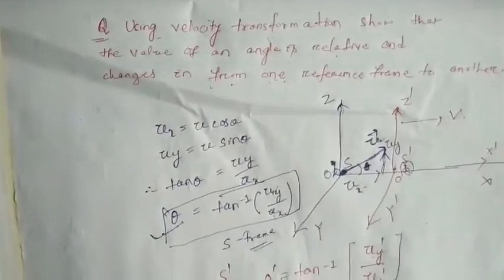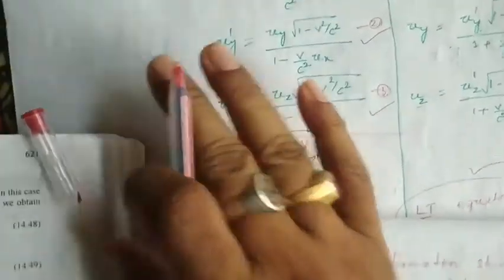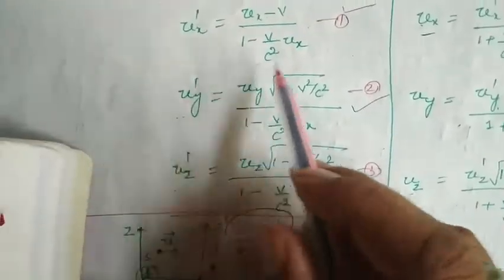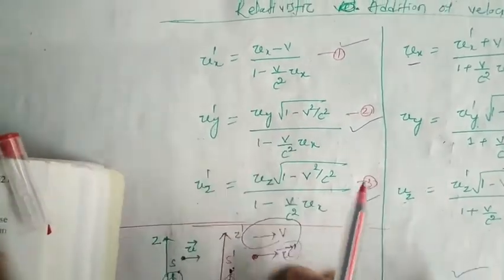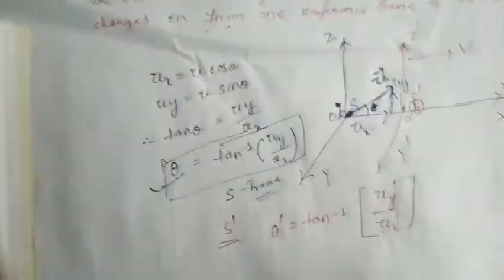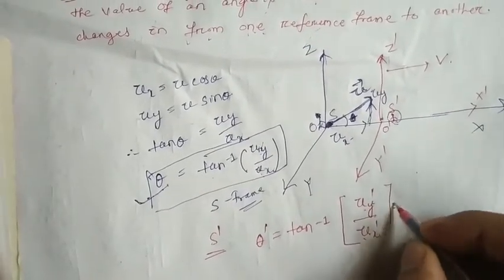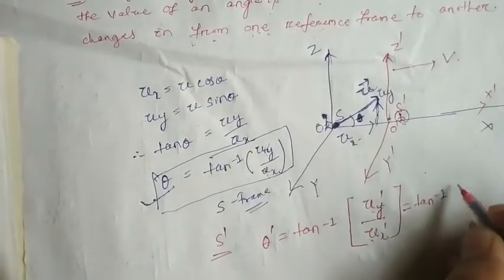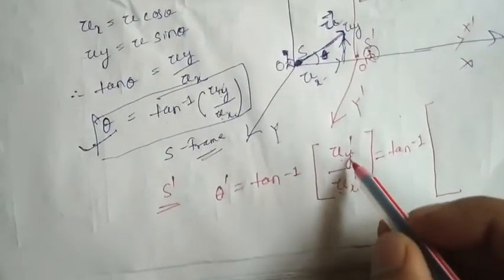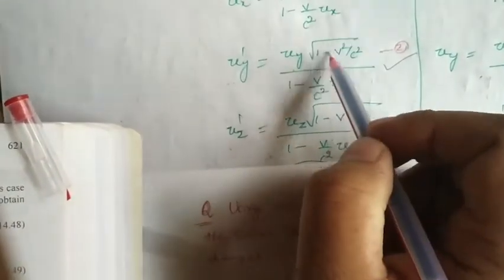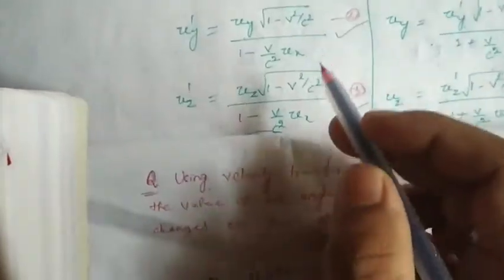So now we have to consider the values of ux dash and uy dash. Already we found that uy dash is equal to this much and ux dash is this much. That we have to substitute over here. Then it will be equal to tan inverse of uy dash. uy dash is uy times root of 1 minus v square by c square, divided by 1 minus v ux by c square.